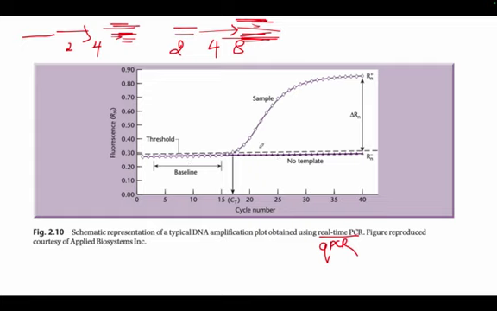So if we had a gene that was expressing very highly or overexpressed, then the number of product molecules that we get through this procedure would be much higher.